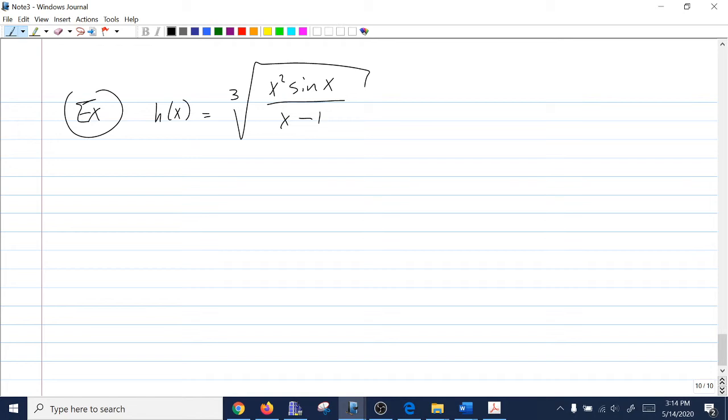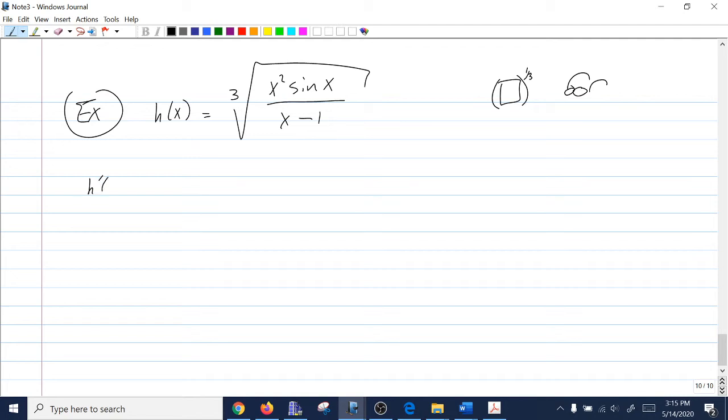I see this quotient, and I might think to start doing the quotient rule, but it's not time for that because my goggles show me that after I divide, that's not the answer. If I'm plugging in 3, I want 3 squared sine 3, divide that by 3 minus 1, that's not the end. Dividing wasn't the answer. After that, I gotta take the cube root. The outsidemost thing is that cube root. This is the cube root of something. That means that's the outsidemost rule I gotta do.